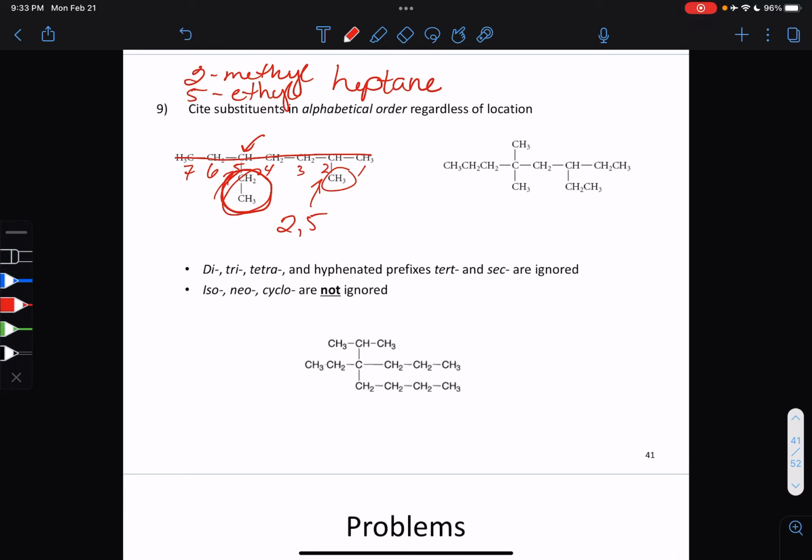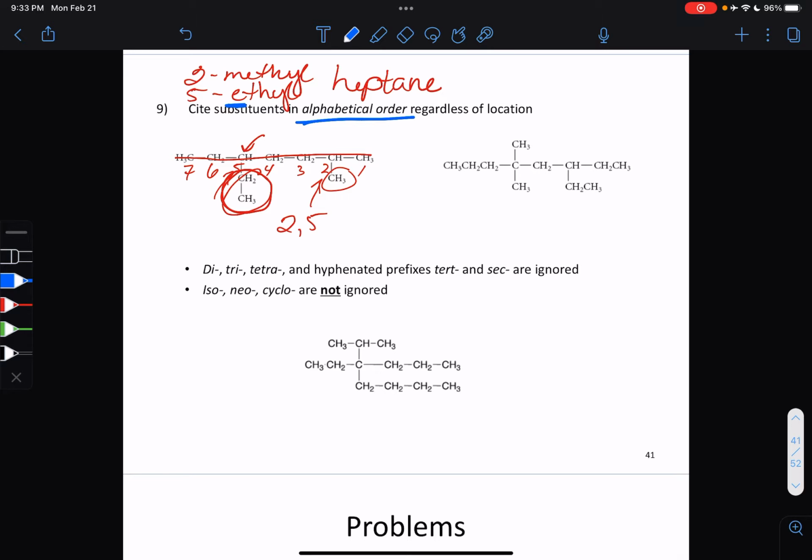So how are we going to put this together? Do we do 2-methyl, 5-ethyl heptane, or 5-ethyl, 2-methyl heptane? Well, what's really weird, and I'm so sorry about this, my friends, is that the 2 does not come before the 5, which is how all of our brains are going to want to do it. What IUPAC says is that in the branch name, you have to do alphabetical order.